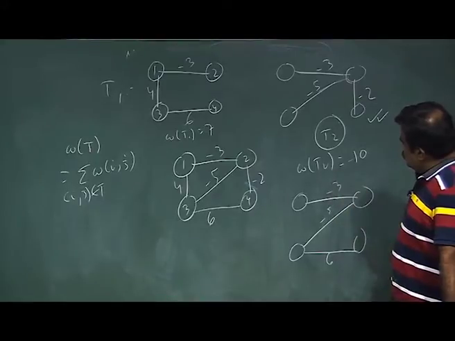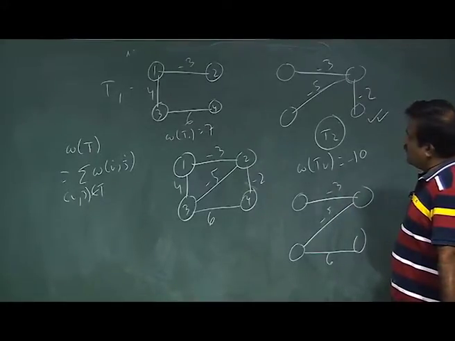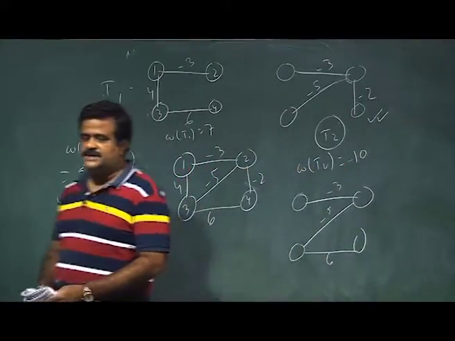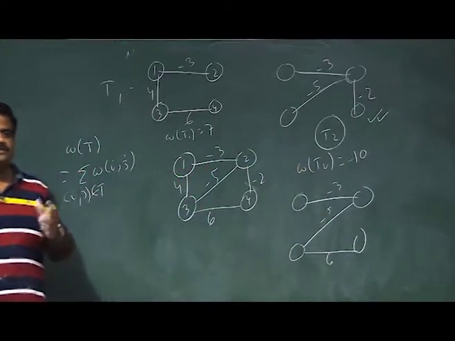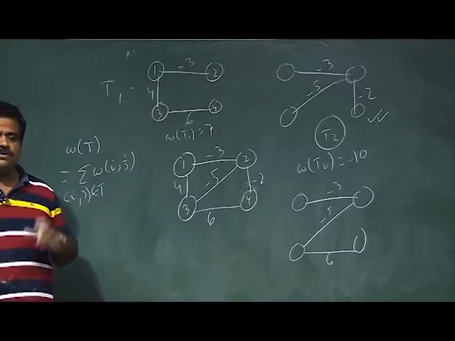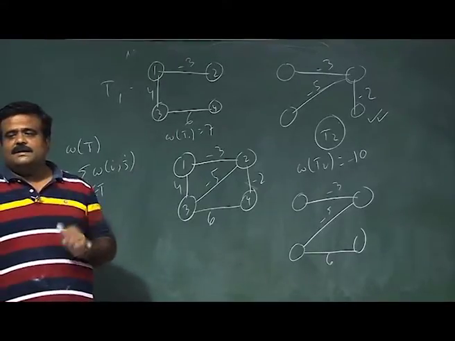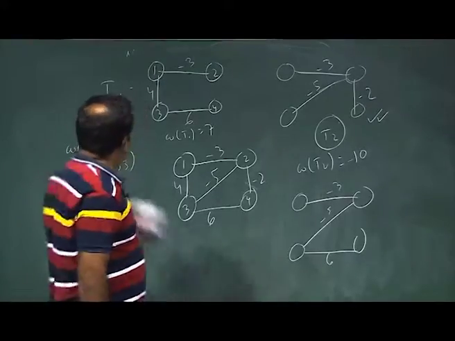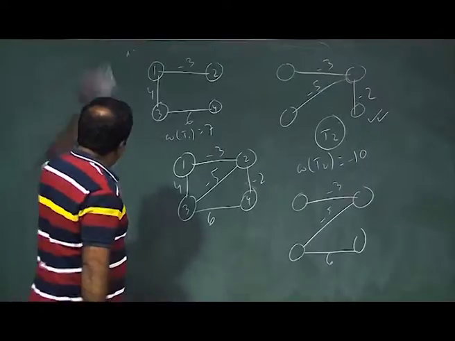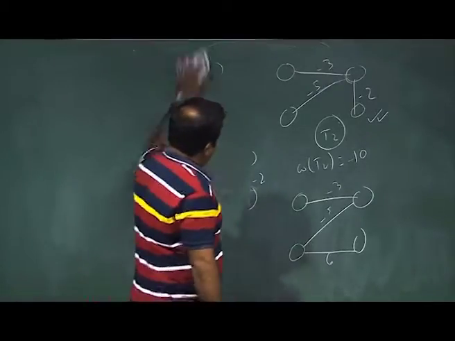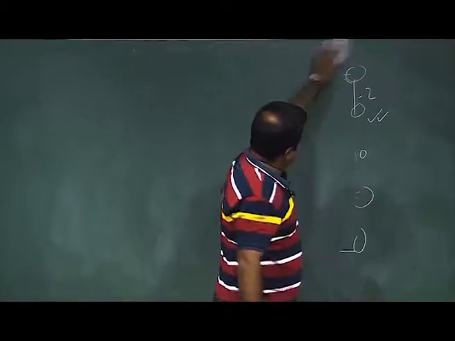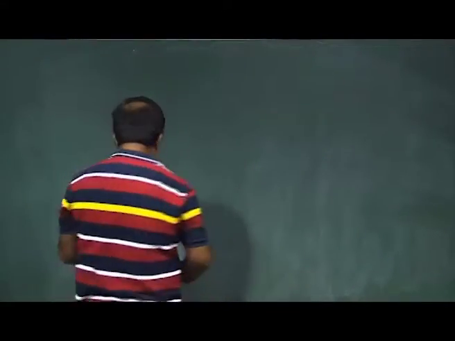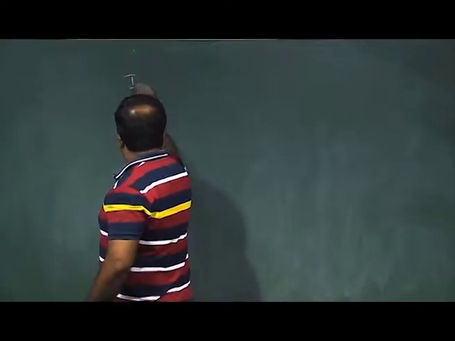So this is the problem. We need to find a subgraph which is a tree, and not only a tree, it should be a spanning tree. That means it should cover all the vertices and give us the minimum edge weight. Given a graph, we should find this.